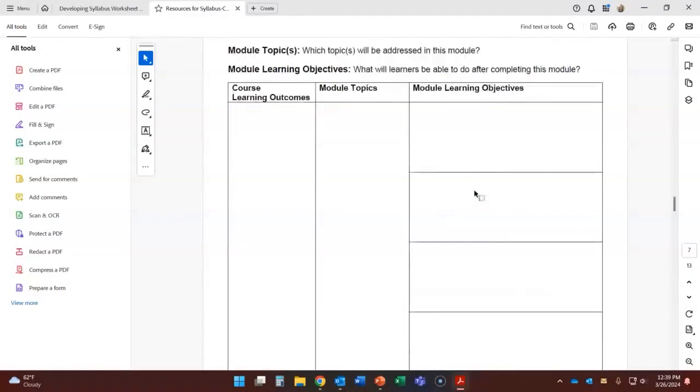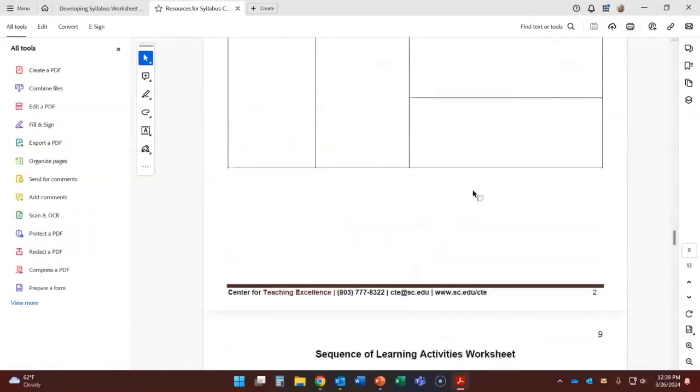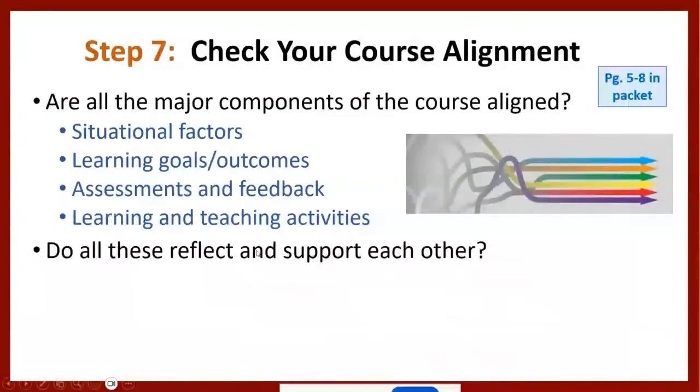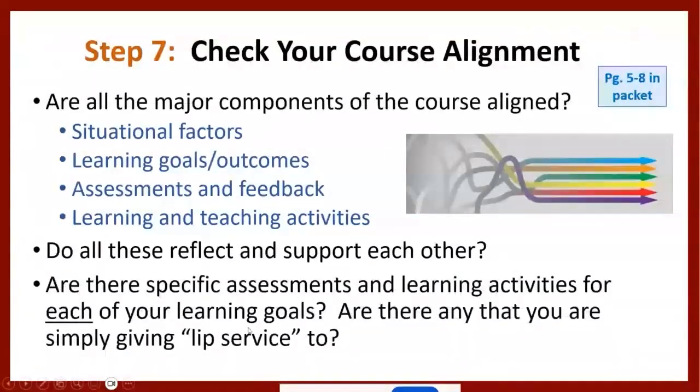So those are just some good templates for you to use in order to do your alignment. Do they all support each other? Do they all connect to each other, this alignment? Are there actual assessments and activities that are achieving each of your learning goals? Or is there something you're actually not doing that you said you were going to do in your learning outcome? This helps you to see that you're missing something, okay?